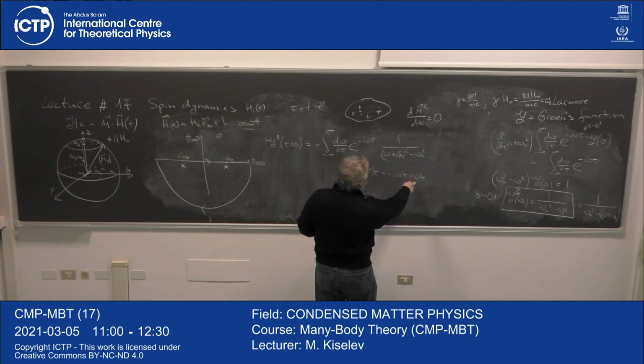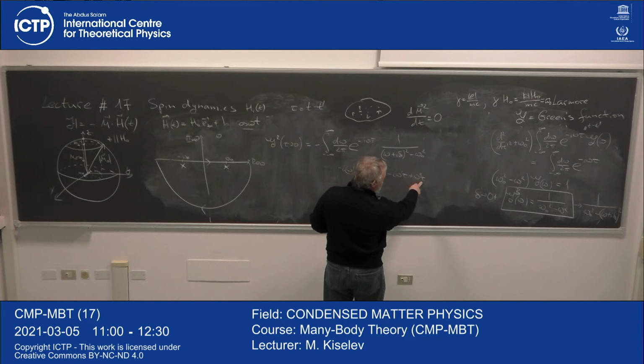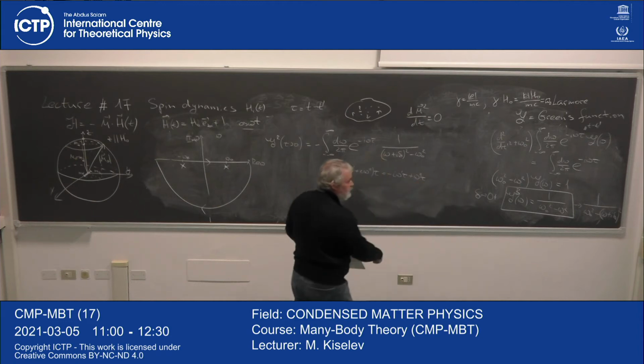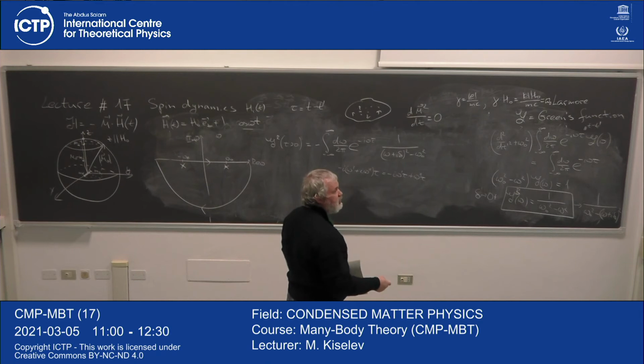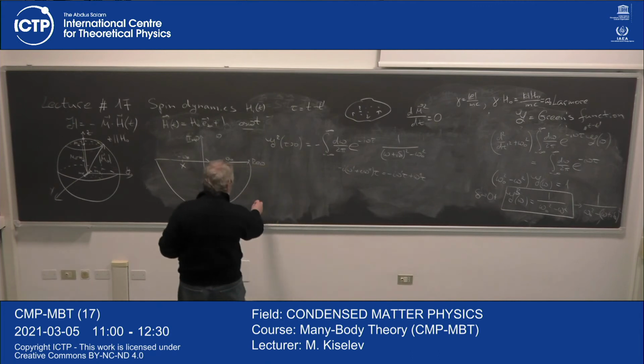Because in this situation, I have an exponent at large tau, omega double prime tau, and the integral on the semicircle vanishes. I cannot close my contour in the upper half plane because in that situation, the integral on the semicircle will be exponentially large. This is what happens for tau positive.